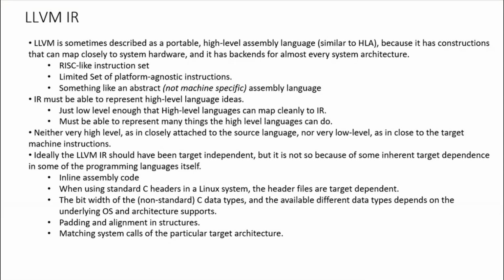It is a RISC-like instruction set, meaning that it has a limited set of platform-agnostic instructions. Although Intel x64 includes many specialized instructions, they are not part of LLVM intermediate representation because adding new specialized instructions would break the binary compatibility of the bitcode.